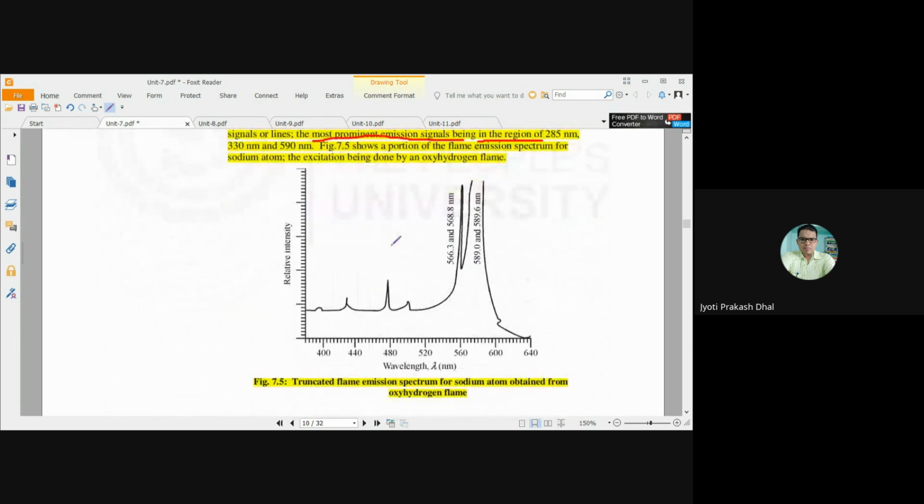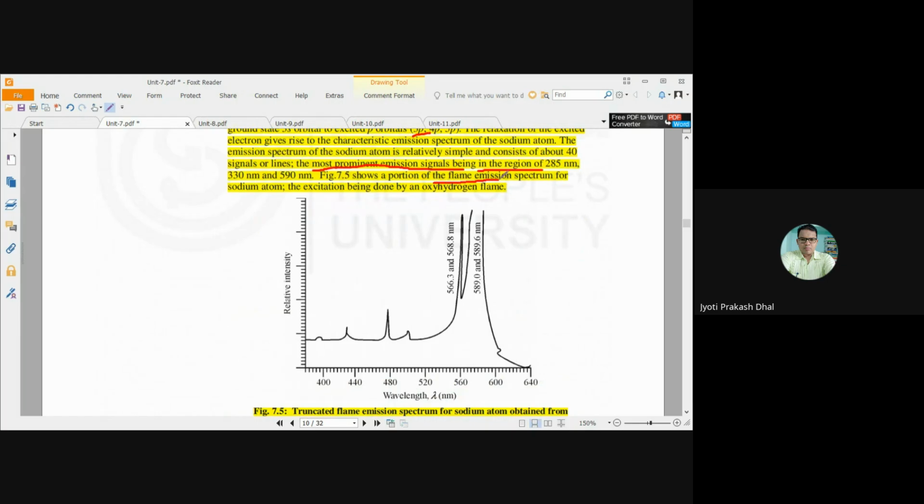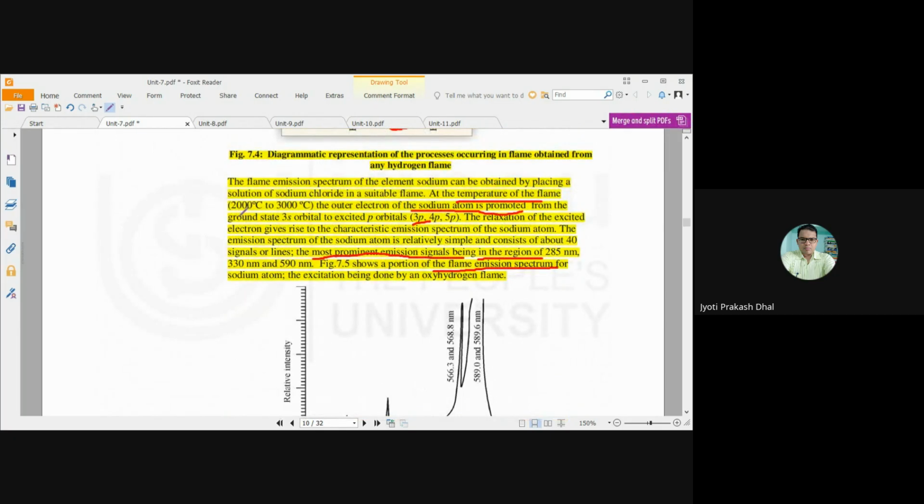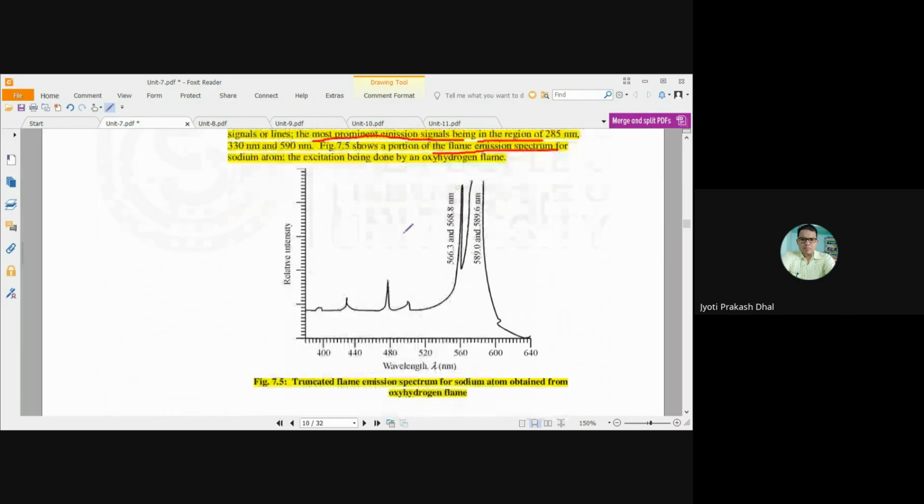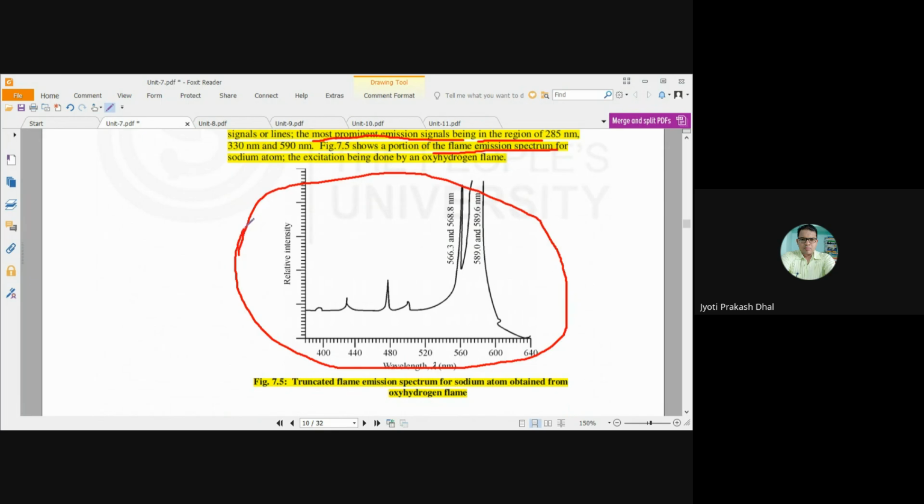The figure shows a portion of the flame emission spectrum of the sodium atom, which is obtained by placing a sodium chloride solution in a suitable flame. So here you can see the emission spectrum of the sodium atom obtained from the oxyhydrogen flame.